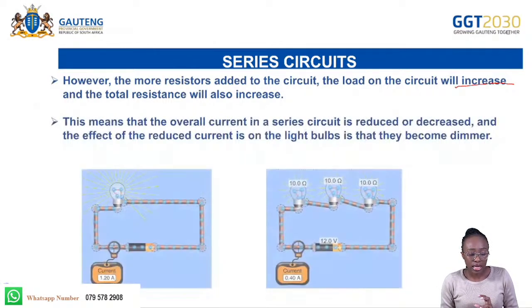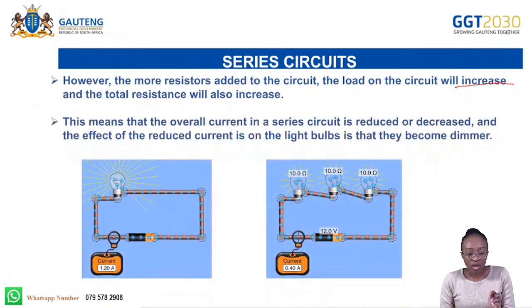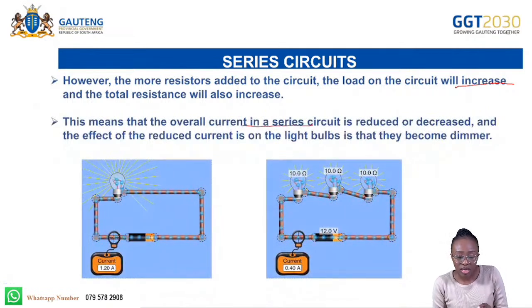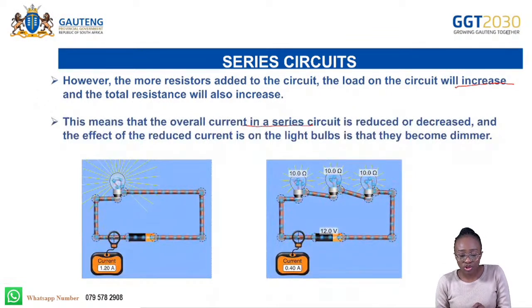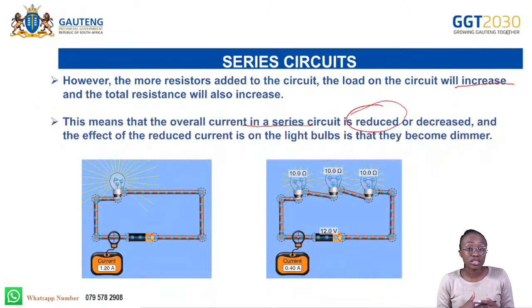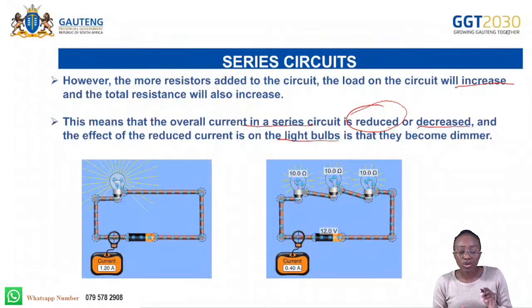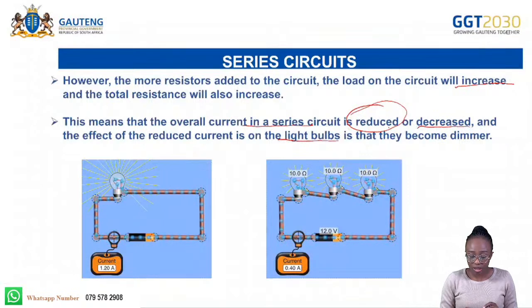This means the overall current in the series circuit is going to be reduced. Remember, previously we said the more resistors we add, the more it reduces the current in the series circuit. And the effect of the reduced current is going to be seen where? By the light bulbs. What will happen to them? They will become dimmer.